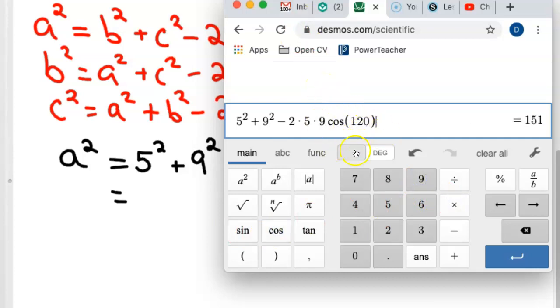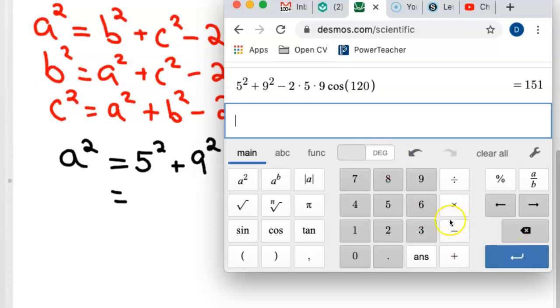It's always good on your online calculators, make sure you're in degrees, not radians. That's why I like Desmos. It defaults to degrees. Gives you 151.